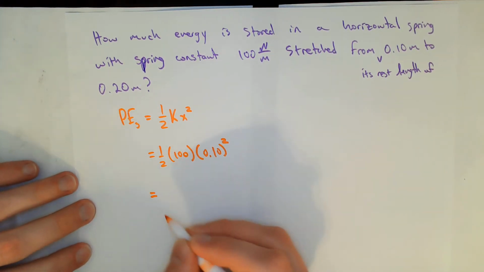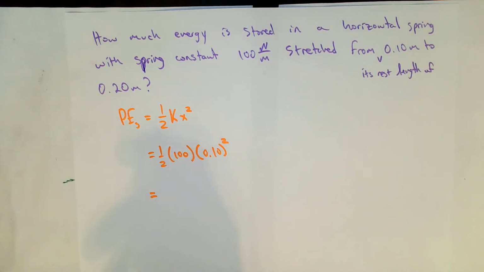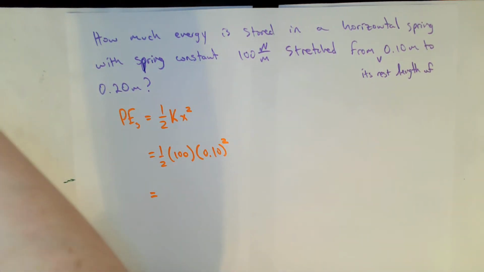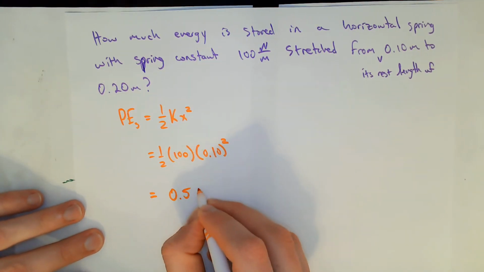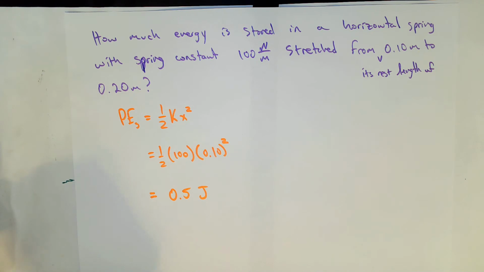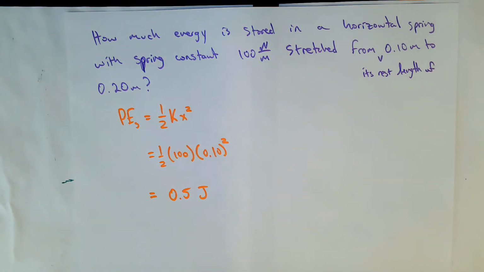Okay, so here I'm getting 50 times 0.01, which is 0.5 joules. And by the way, spring potential energy, which is what this is, is always positive.